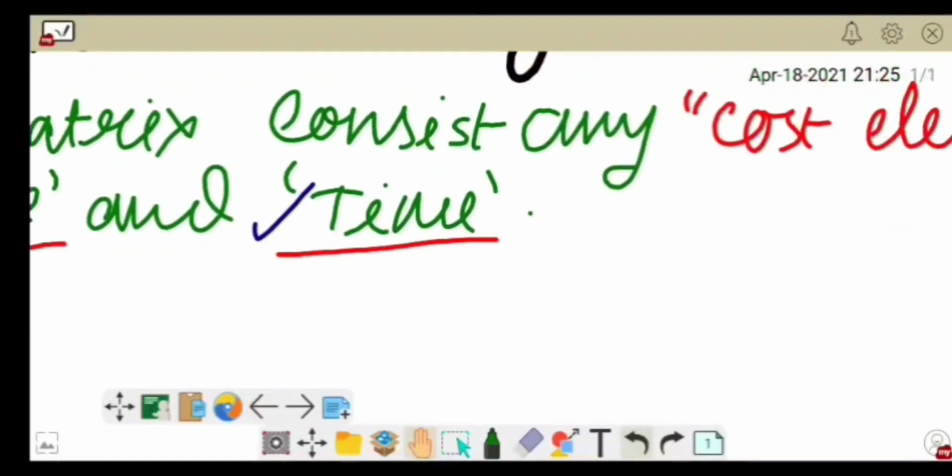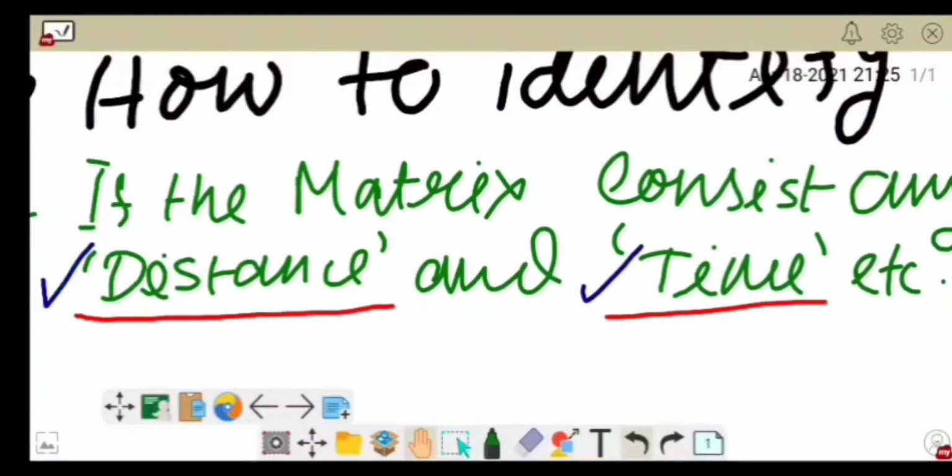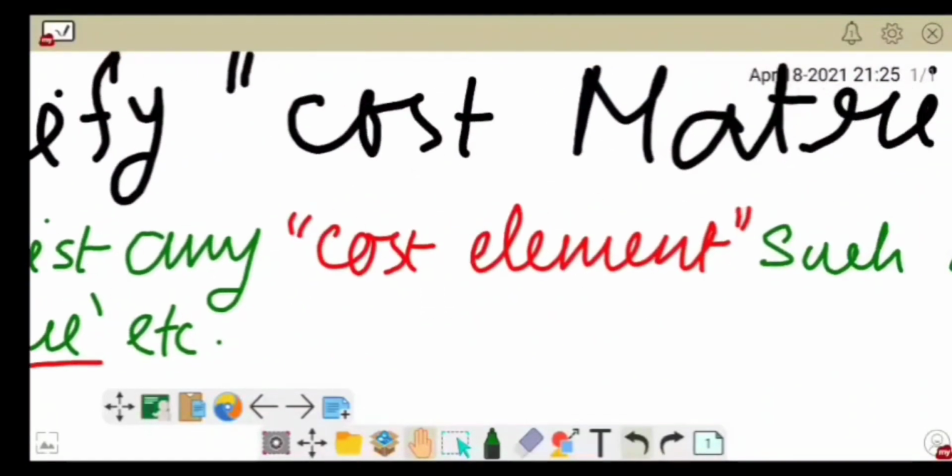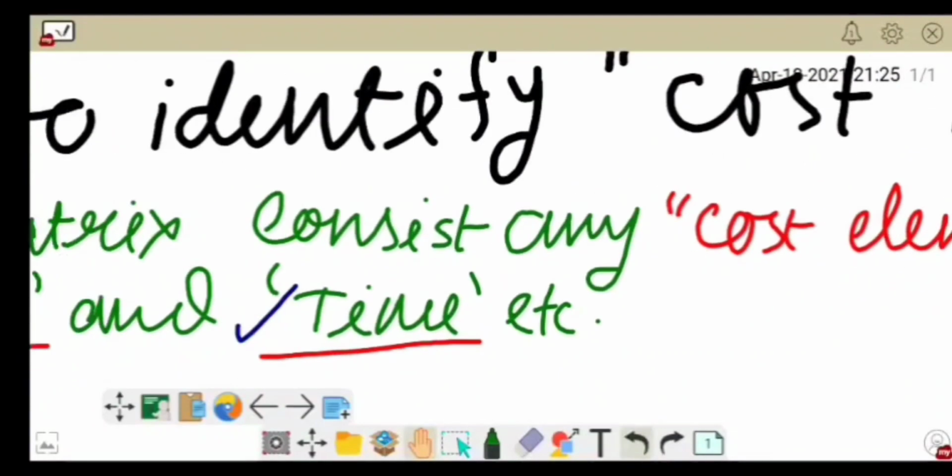There are many more terms, just for that decision, etc. So here it is, the name of the cost element, cost matrix given.